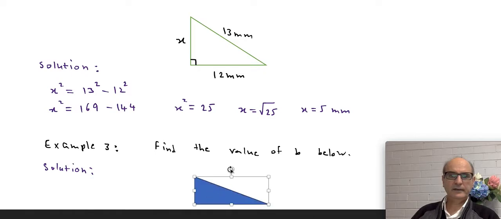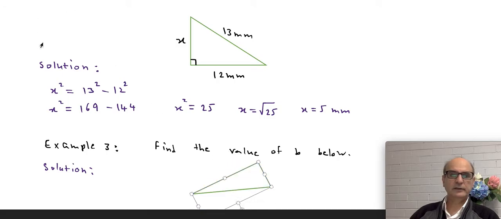And remember that a right angle triangle doesn't have to be exactly the way we show it all the time. It could be like that too. Here is your right angle, and this will be your hypotenuse.